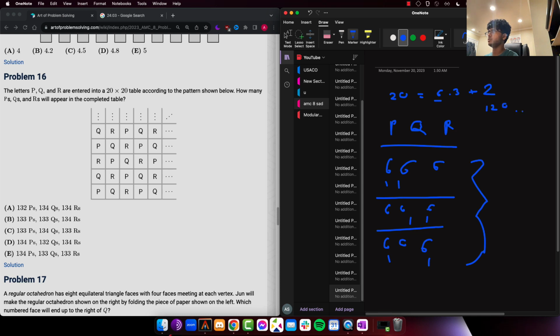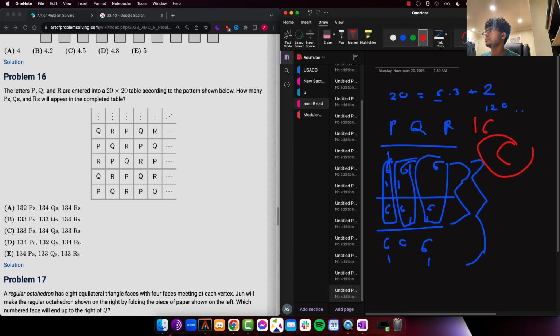So 120, 120, 120. And then you only look at the first 2. So in the first 2, you have 13, 14, 13. So it should be 133, 134, 133. That's C. And 16. We have 9 left.